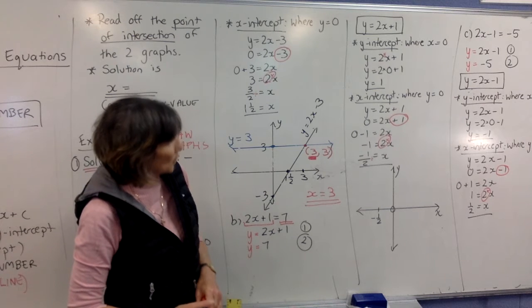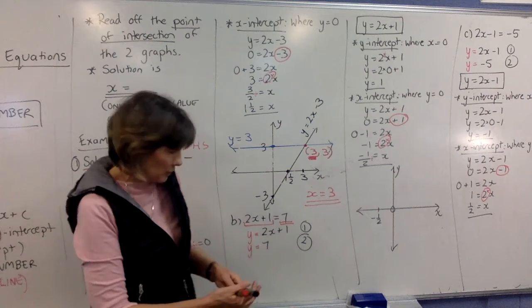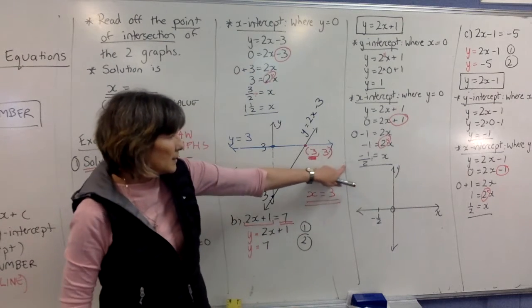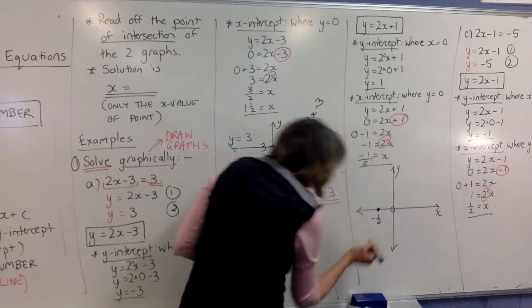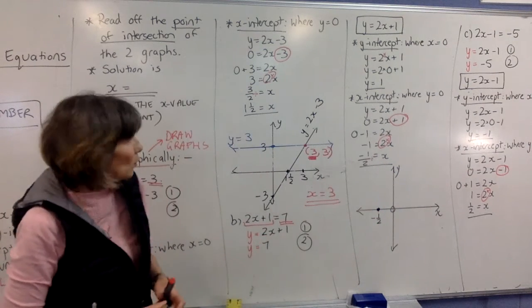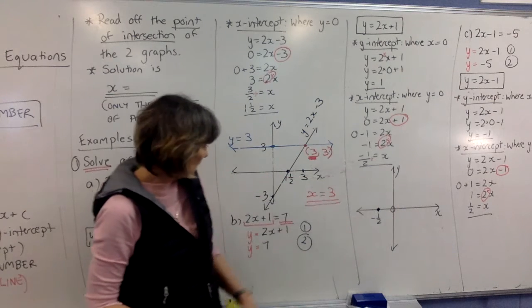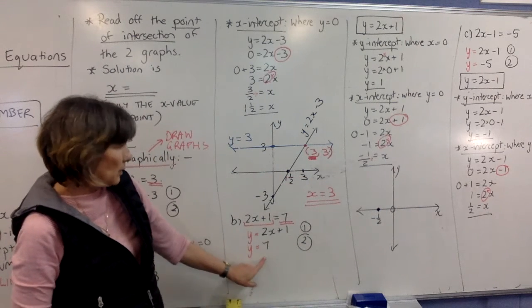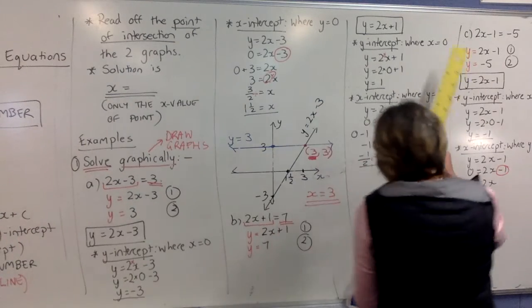All right, so we've done all the work to get this graph out. Let's see what we can do here. We have an x-intercept of minus 1/2. There it is. We also have a y-intercept of 1, so we're going to need to put a 1 up here. I'm going to have a sneaky look and see what else I need. I need a 7 as well, so make sure you have room to go up to 7.